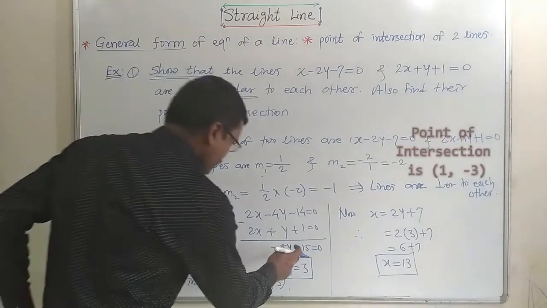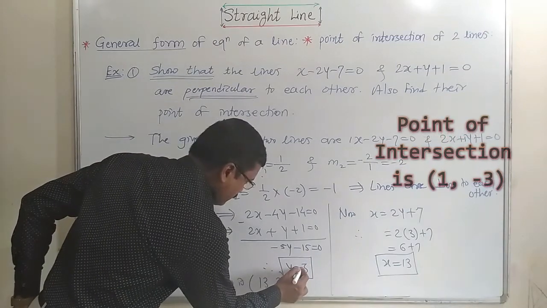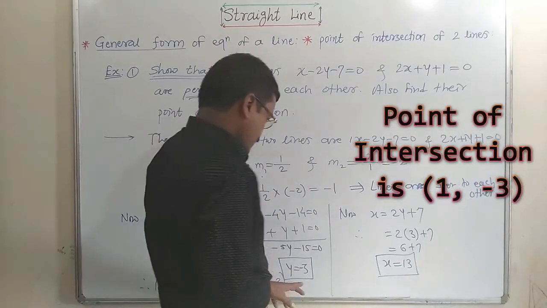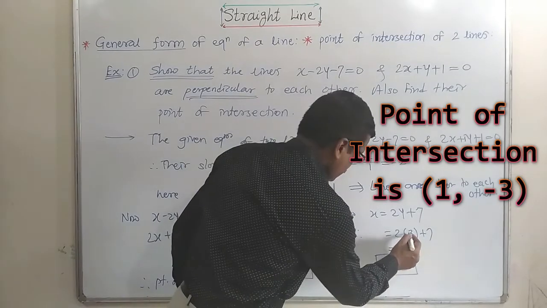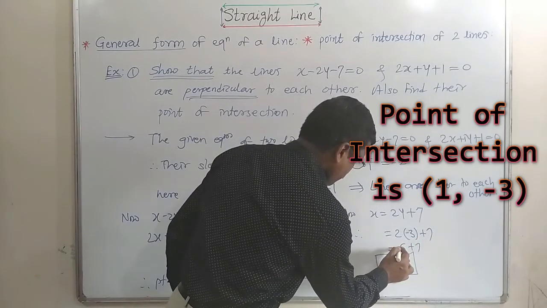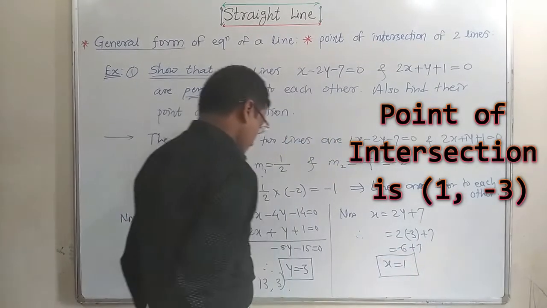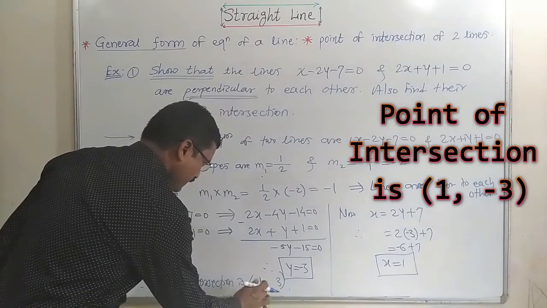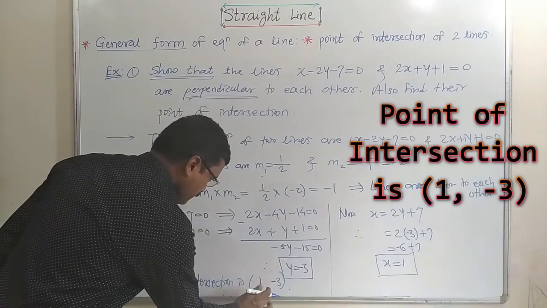Now y is here not plus 3, it is minus 3. So minus 6 plus 7, so the answer is plus 1. So the point is 1 and minus 3.